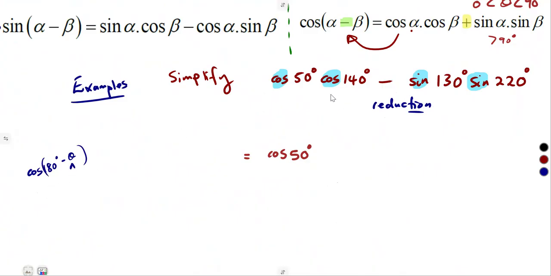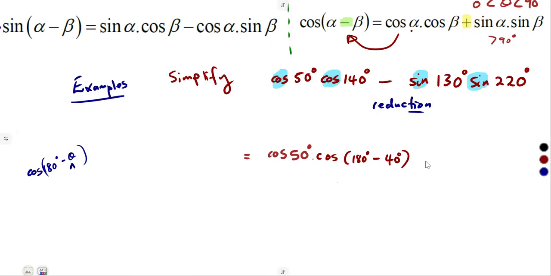It's simply 180 minus 140, which is 40 degrees. So let me just write it: cos of 180 degrees minus 40 degrees. This is what we have. In the second quadrant, we are just rewriting it with an acute angle so that we can reduce it.